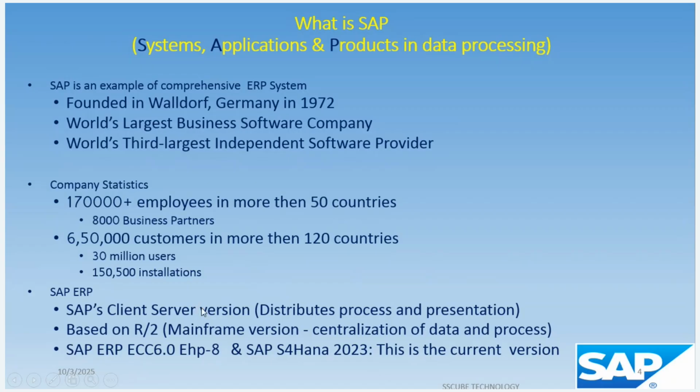Now SAP ERP, SAP is a client server version. SAP is a very old company, though there are many competitors of SAP in the market. That we'll discuss in the next slides.